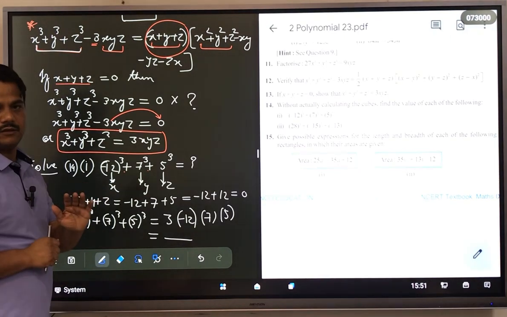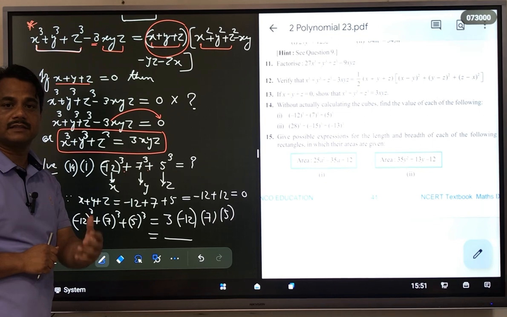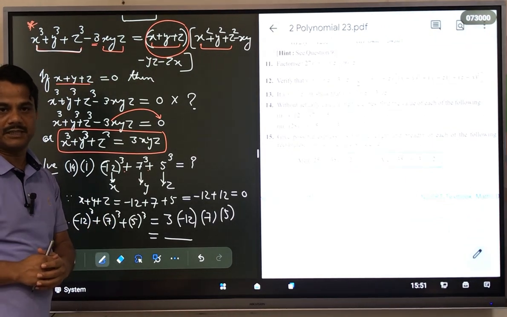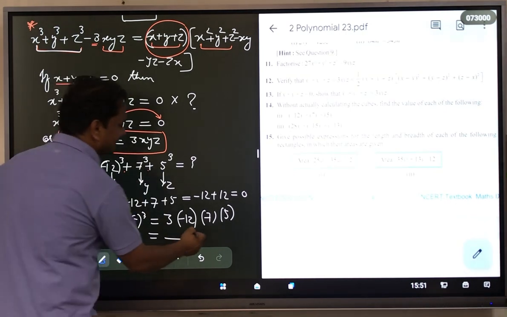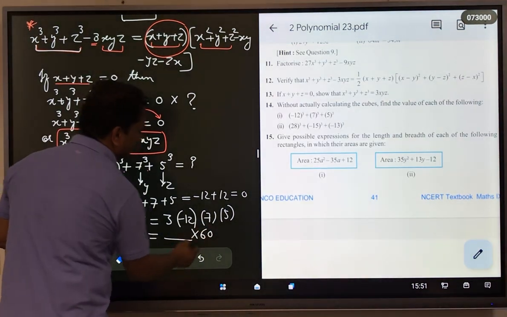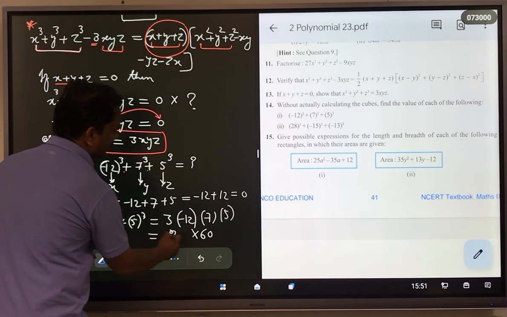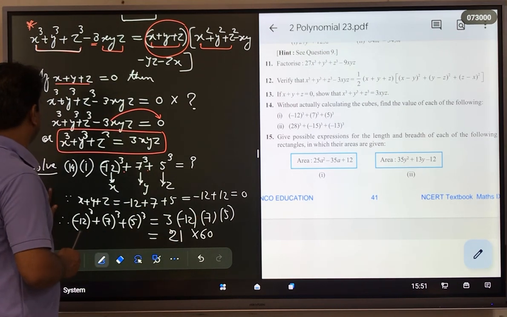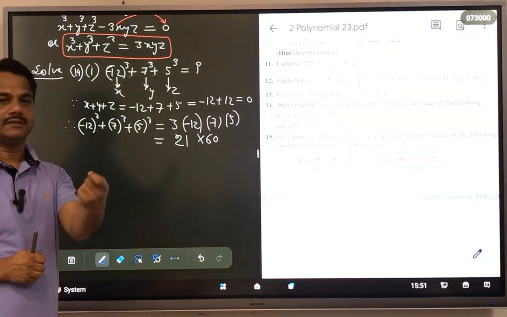I will suggest one thing: always combine those two quantities which make at least one 0 in the ones place, like 12 fives are 60. Multiplying by 60 is very easy, and 7 threes are 21. It will help you in making decisions of this kind, not only for this question but for any question.